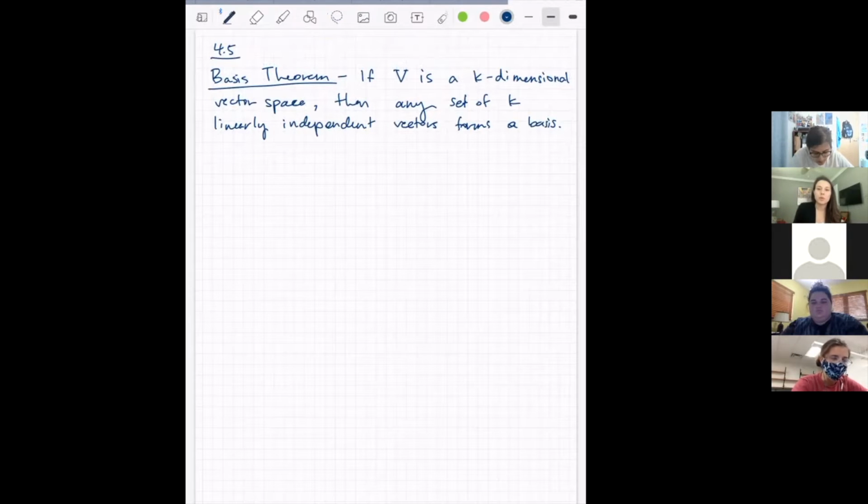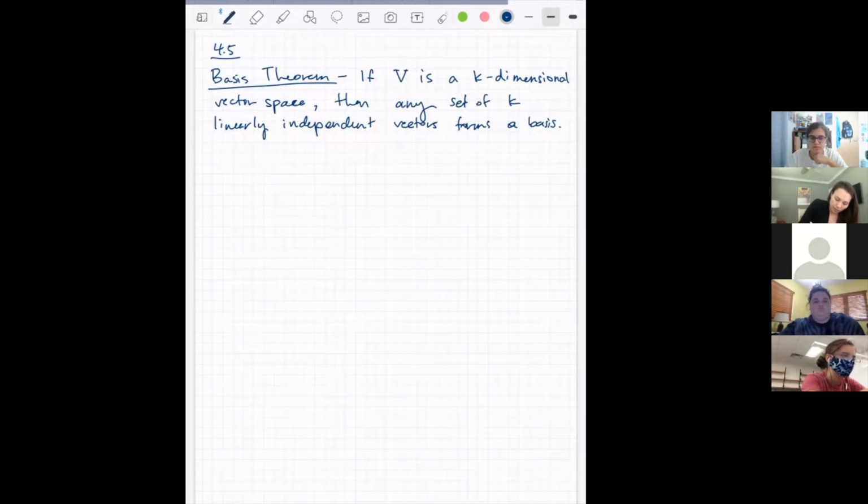So that's just saying that if we already know the dimension of this space, then we can just check a set for linear independence, and if it has the proper number of vectors, we don't have to check that it spans the space. That was the other condition in the definition of basis. So this is a little bit different than checking just from the definition.